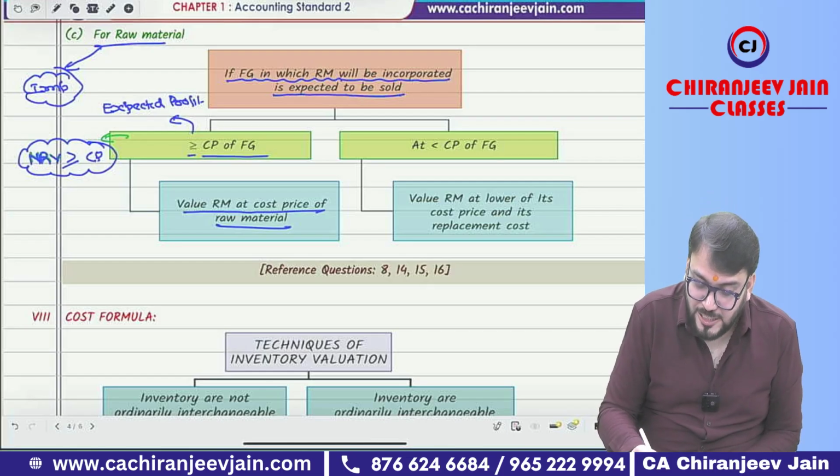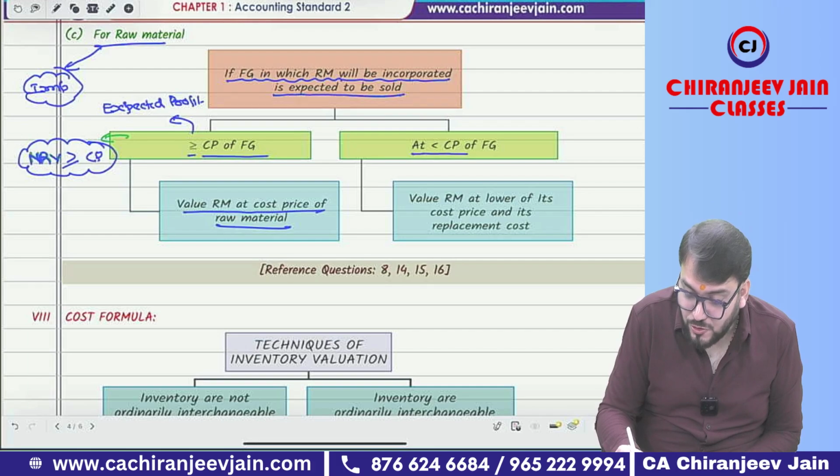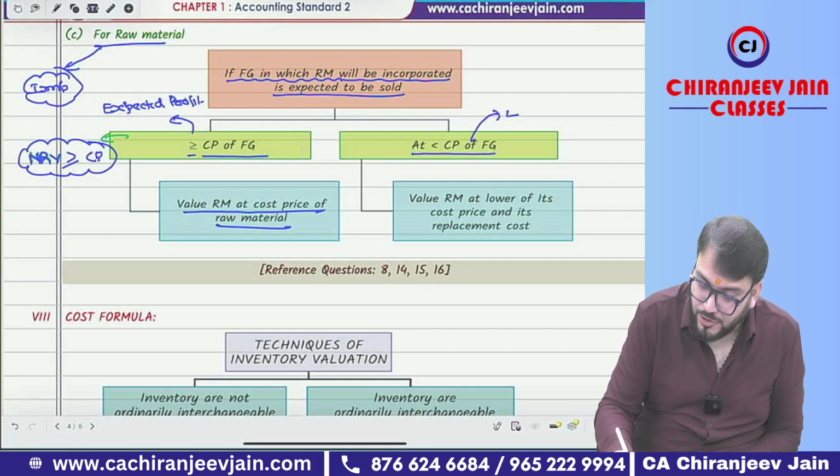But if the finished goods are expected to be sold below their cost price, it means expected loss.